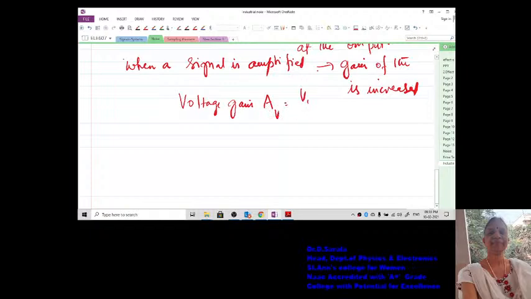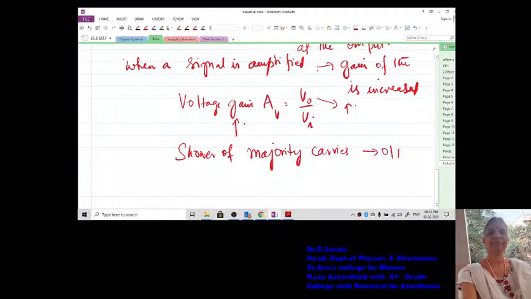AV is output voltage by input voltage. When the gain is increasing, that means output voltage is increasing, which means more electrons are coming and hitting the output. It's like a shower of majority carriers reaching the output.